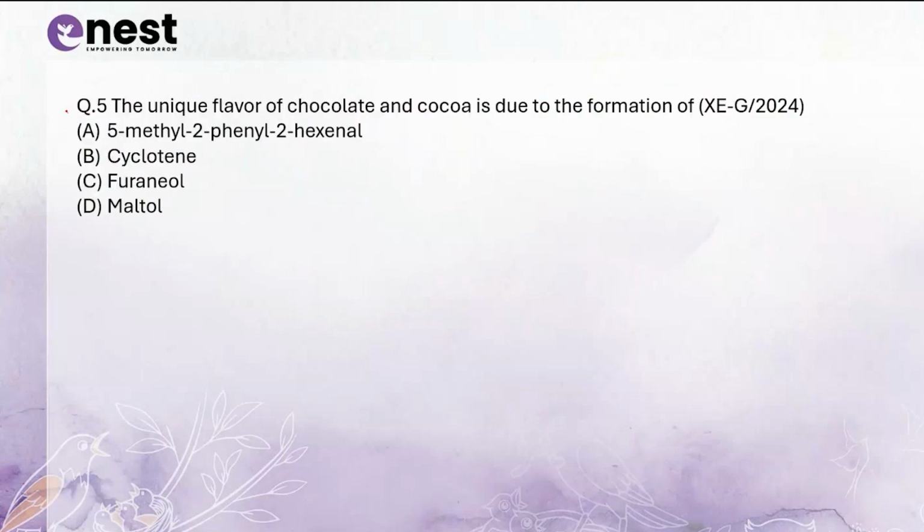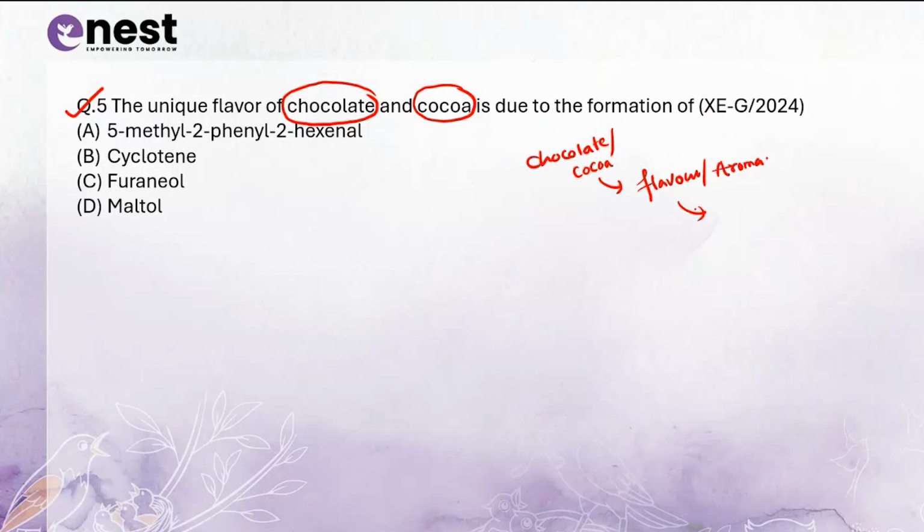Next question. The unique flavor of chocolate and cocoa is due to the formation of. Please remember, if this type of question comes related to chocolate or cocoa and a flavor compound has been asked, then it is something related to an aldehyde compound.